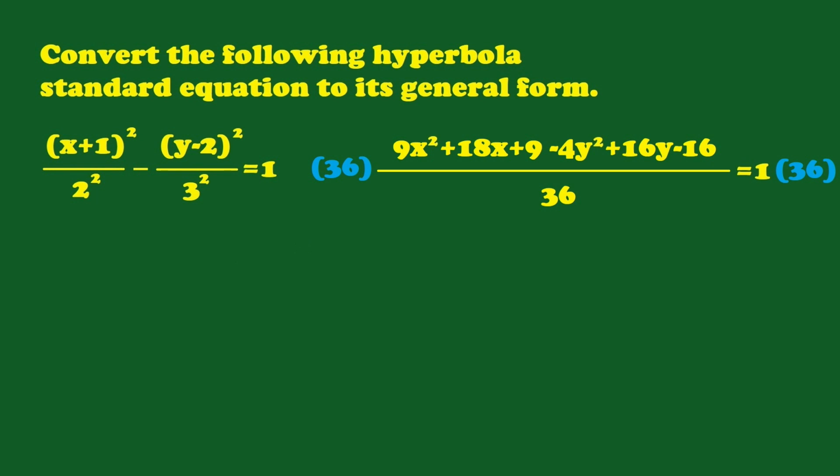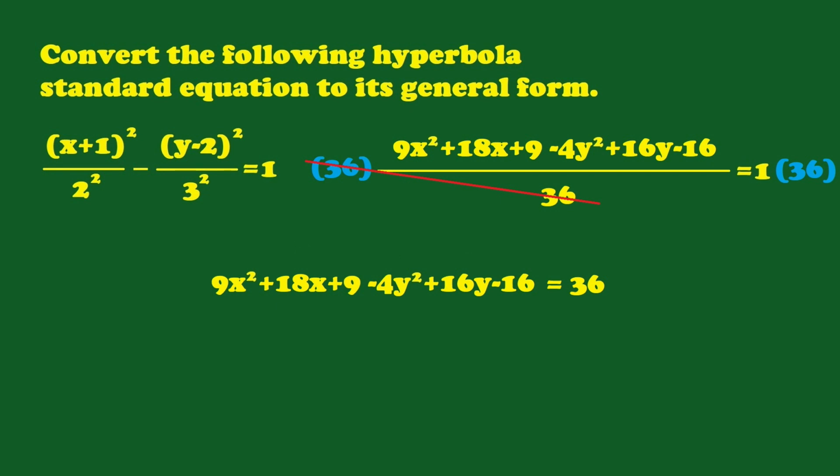To do that, we multiply both sides by 36 as shown. We can now cancel 36, and multiply 1 by 36 at the other side. Now we have 9x squared, plus 18x, plus 9, minus 4y squared, plus 16y minus 16 equals 36.